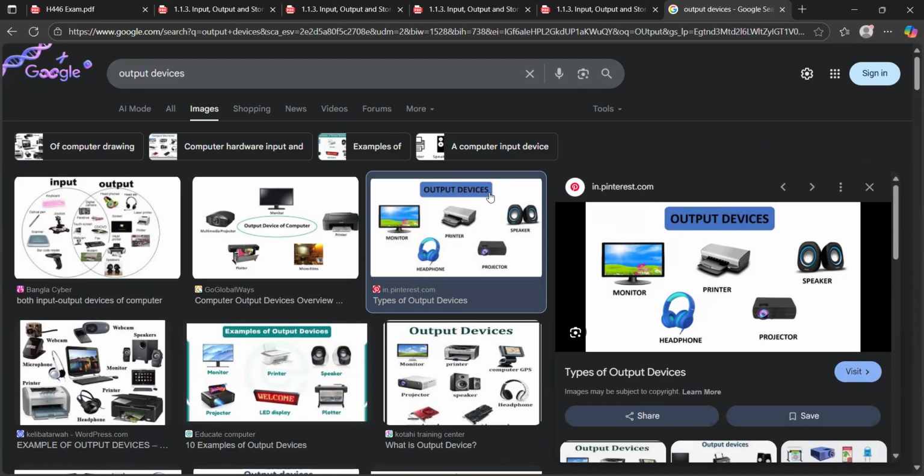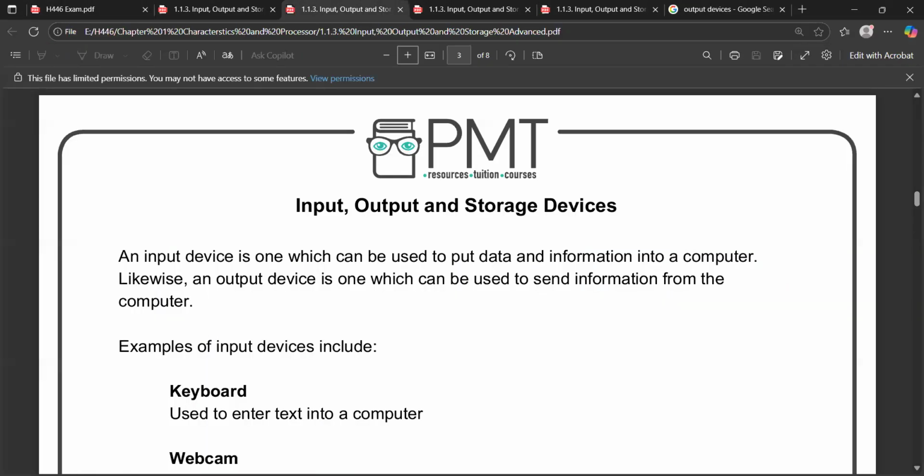Or if I make it really easy for you, think of it like this: if it is an input device, that means you are sending in the data. And if it is an output device, that means you are actually sending out the data. So an input device is the one which can be used to put data and information into a computer. Likewise, an output device is one which can be used to send information from the computer, right?